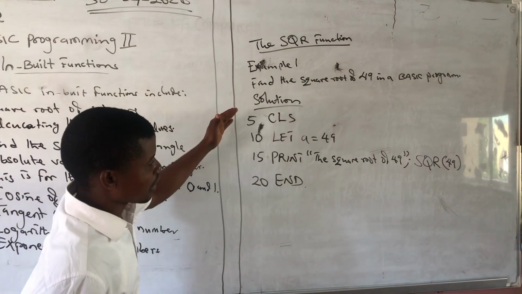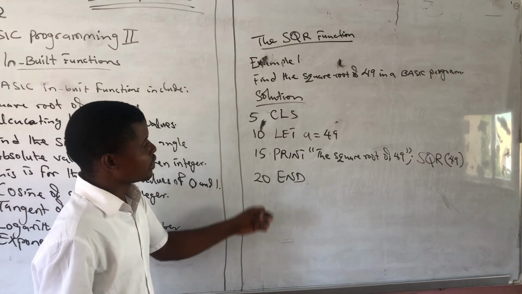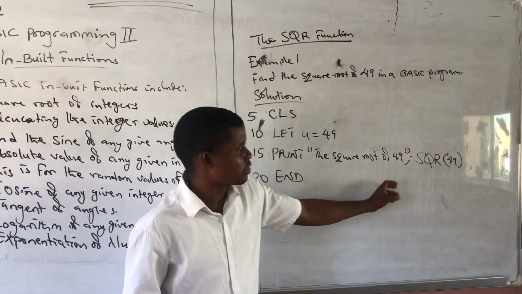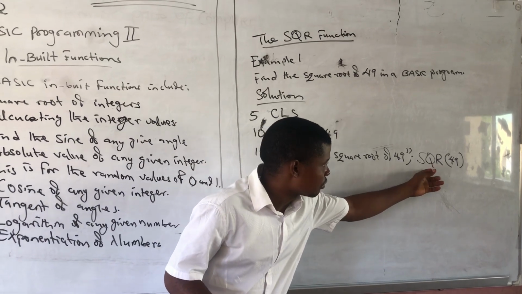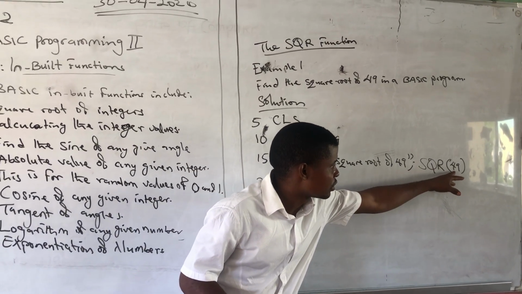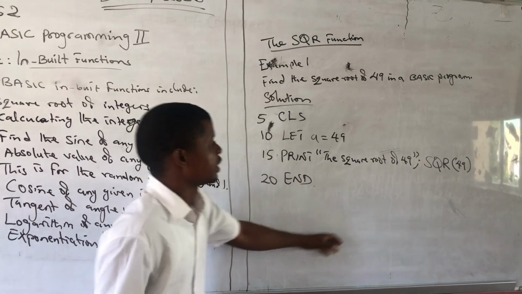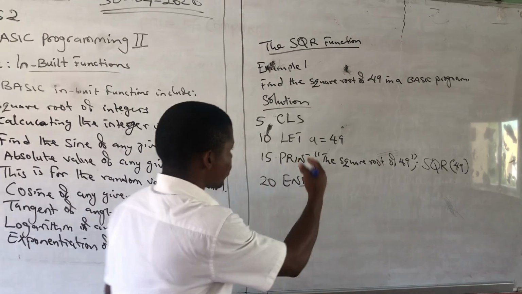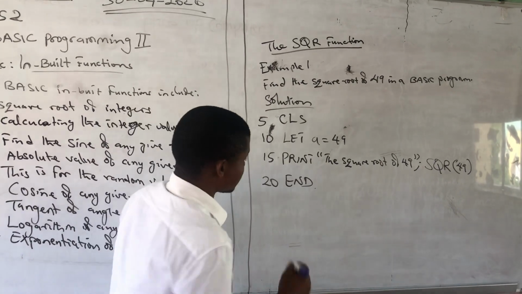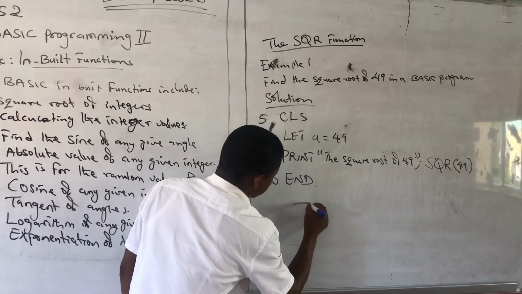Now, when this program is run on a computer, the resultant function here will now compute the square root of 49. We already know that the square root of 49 is 7. So when we run this program, it will display on the screen this statement.